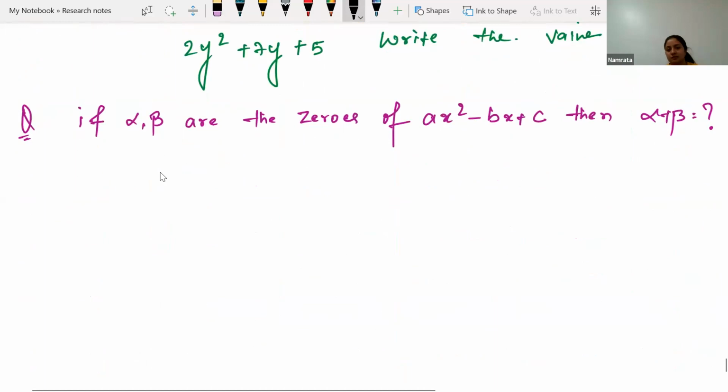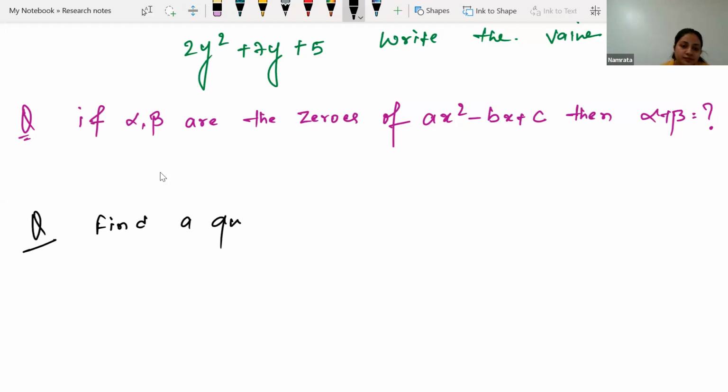Next one is quite simple. Okay, you just need to observe and you will be able to answer. b by a.